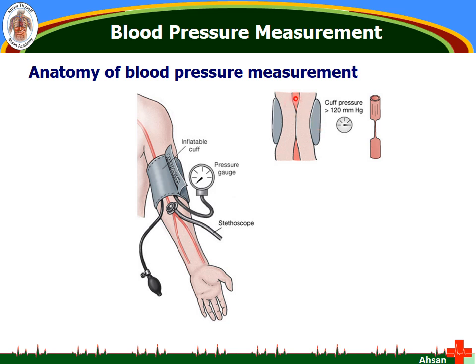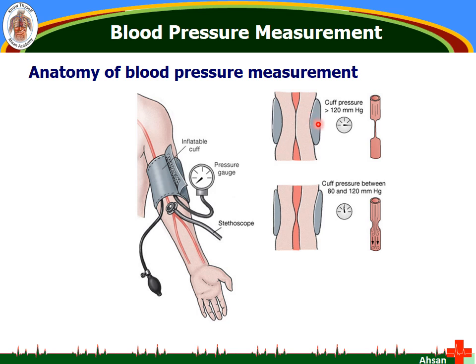When the cuff pressure rises more than 120, the artery will collapse, because the blood will not be able to cross this barrier, which is more than 120. Now, if we deflate, if we leak the air out of this valve, the pressure will gradually fall.